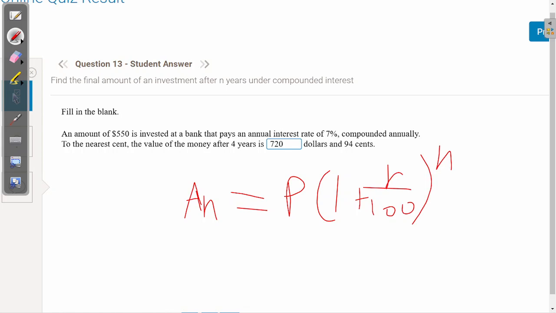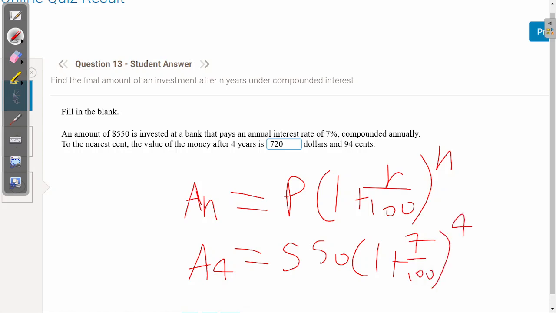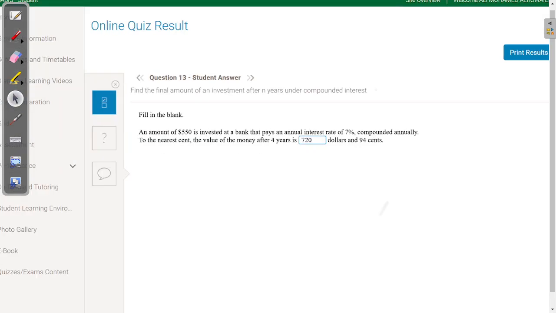So here it's after 4 years, so A4 is equal to 550 times 1 plus 7 over 100 to the power of 4. Okay, so what will you get? You get 720.937, so it's $720.